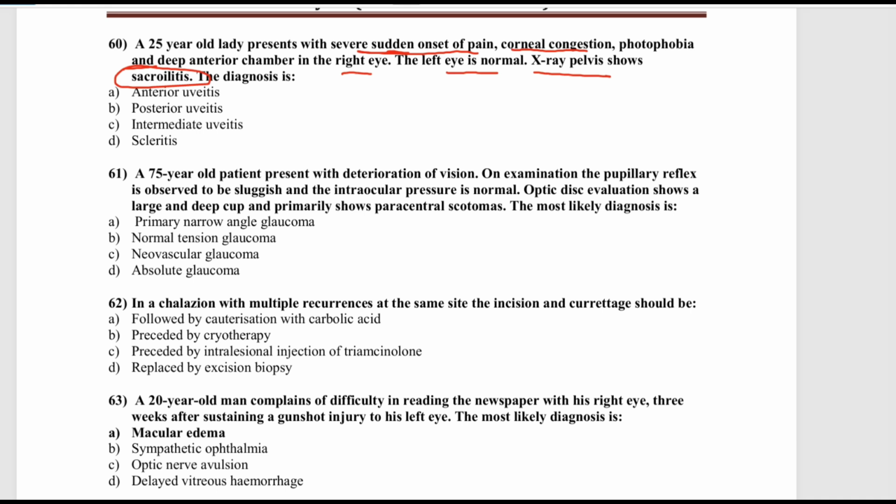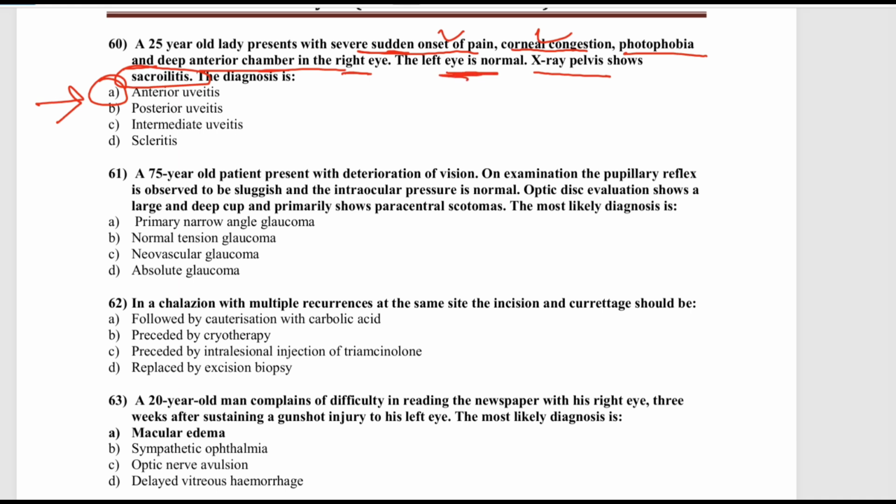It is referring to uveitis, so most likely it will be anterior uveitis. Sudden onset of pain, corneal congestion, photophobia, deep anterior chamber, all these are pointing towards a case of anterior uveitis.